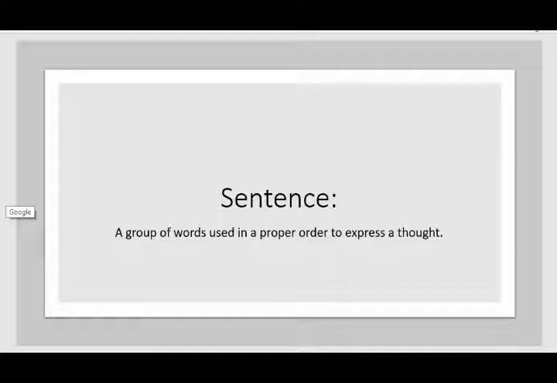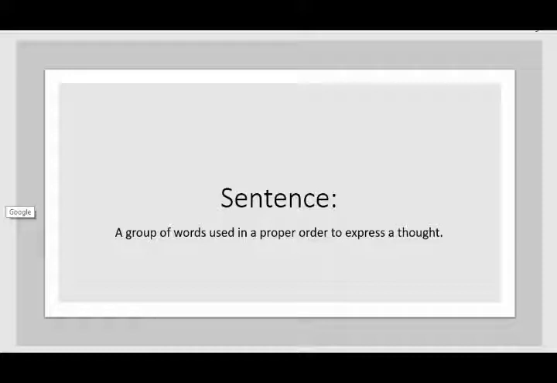It is not only English, but in any language, or I would say in most of the languages, we express our ideas or our thoughts in the form of sentences. Every time you express your thought completely, it is called a sentence. And that sentence is a group of words which are used in a proper order.